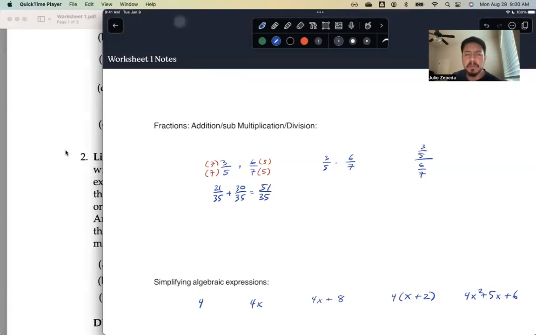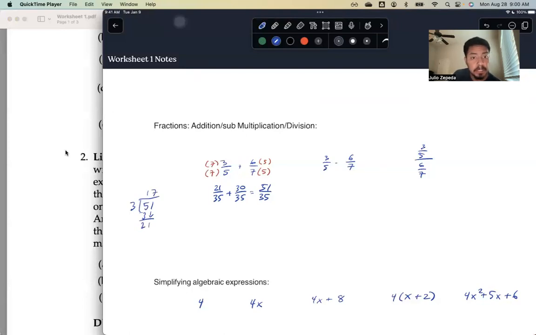We could try to simplify this to see if 51 simplifies. 51, I believe, is divisible by 3. Three goes into 5 one times, 3 is 3. We subtract. 3 goes into 21 7 times.